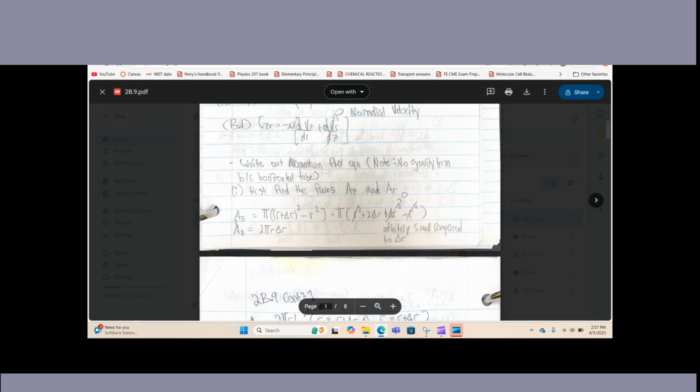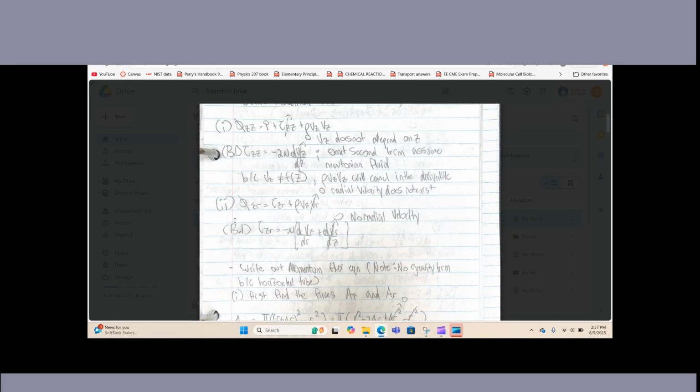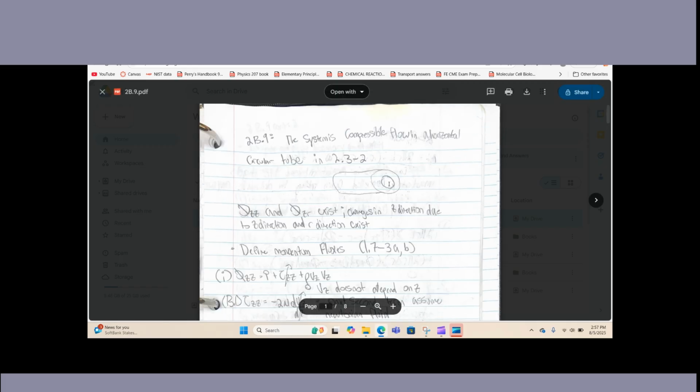And the face that it's changing in is AZ. This is the Z direction, and AZ is this face. It's the face that's perpendicular to the Z direction, the face that the Z direction is looking at.